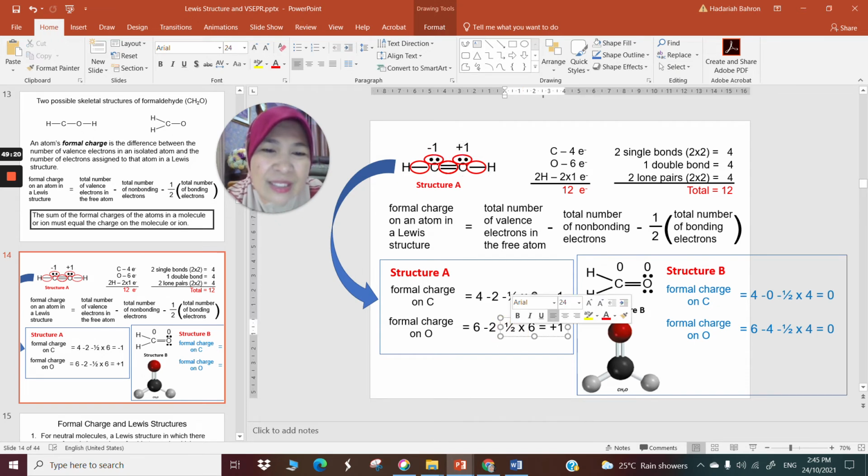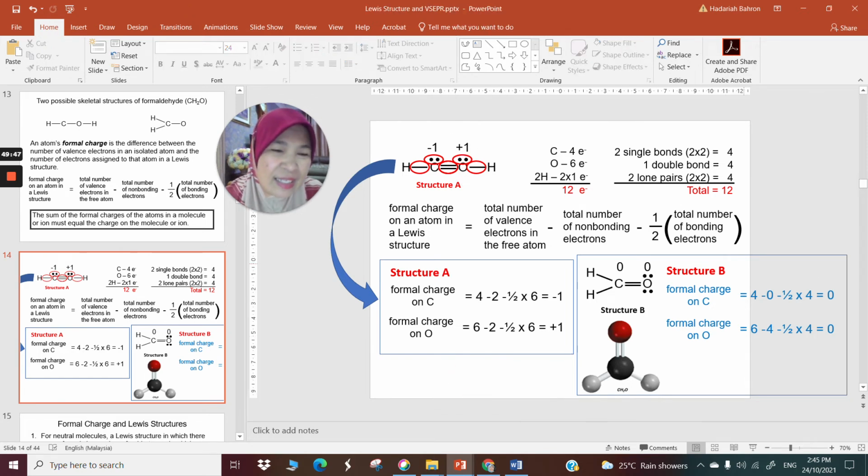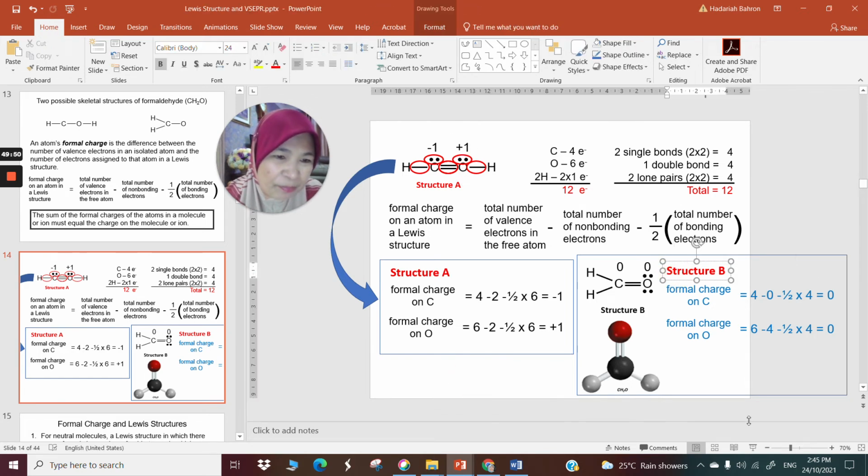So minus half times 6. So 6 minus 2 is 4, 4 minus 3 is 1. So your oxygen in this situation has a formal charge of plus 1. So for structure A, your carbon has minus 1, whereas your oxygen has a plus 1 formal charge. Keep that information first. Let us check structure B.